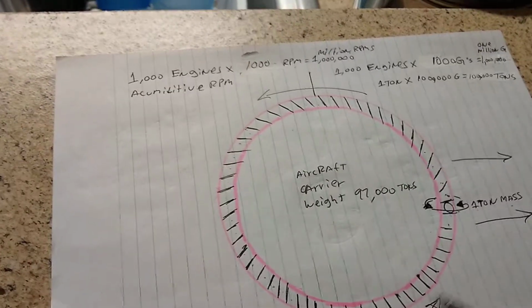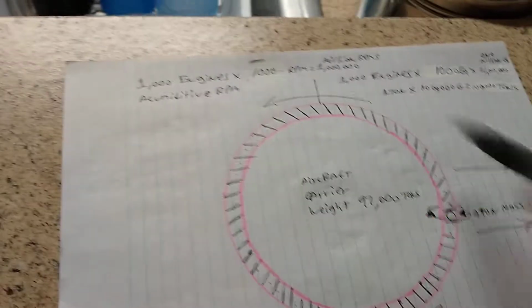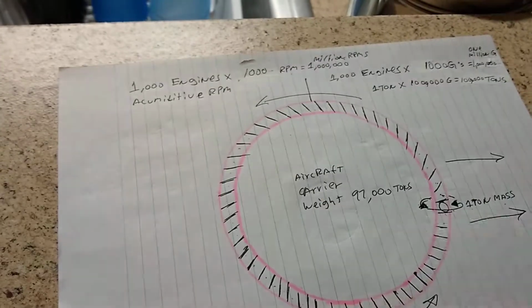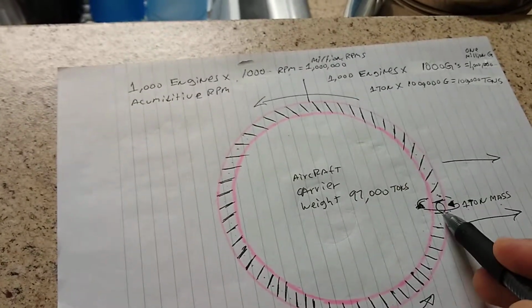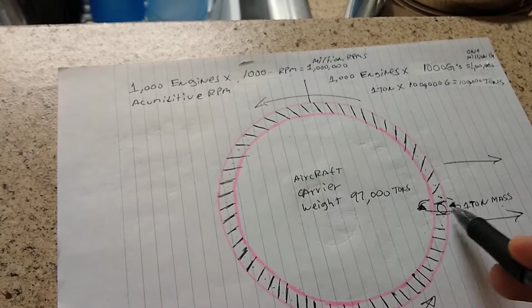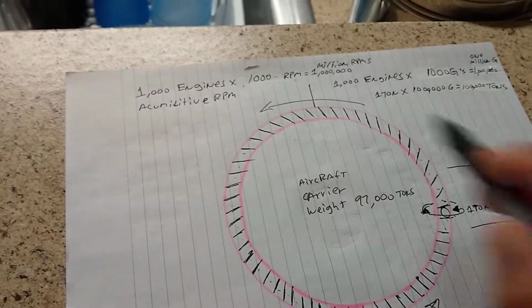Let's say this ring is spinning this way, with the one weight mass here, spinning fast.